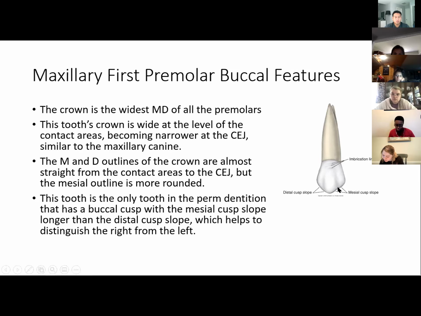So here's the mesial cusp slope, and here's the distal cusp slope. The mesial cusp slope is longer than the distal cusp slope, which helps distinguish the right from the left. So if you were looking at 2, you're looking at the way that the slope is on the mesial and the distal to help determine which tooth it is.